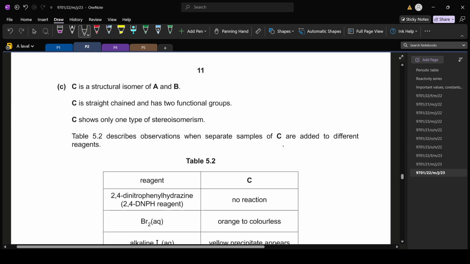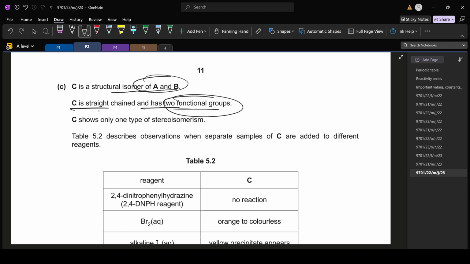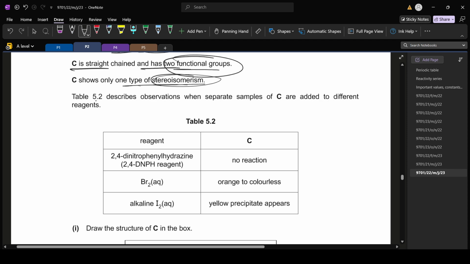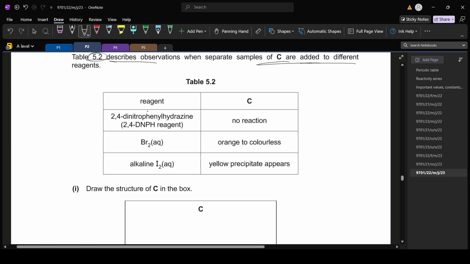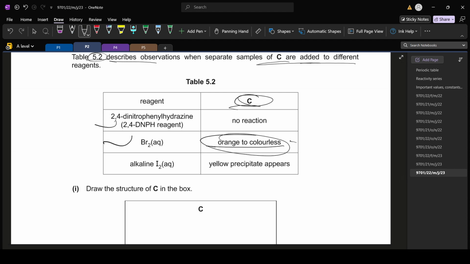Now C is a structural isomer of A and B. C is straight chained and has 2 functional groups. C shows only one type of stereoisomerism. Table 5.1 describes the observations when separate samples of C are added to different reagents. C does not react with 2,4-DNPH, but reacts with bromine, going from orange to colorless, so it must have a carbon-carbon double bond.